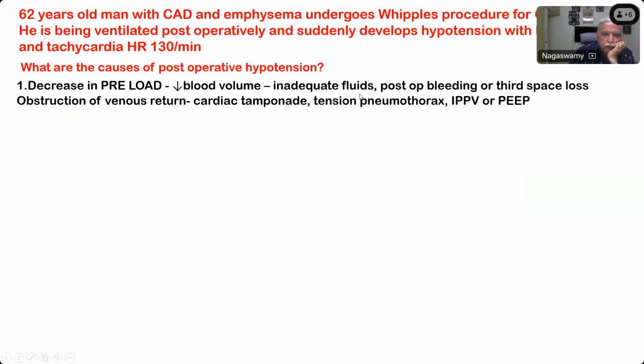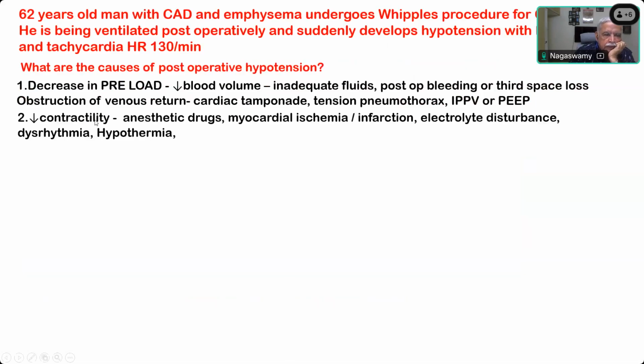It may be because of inadequate fluid or post-op bleeding or third space loss or obstruction of venous return like cardiac tamponade, tension pneumothorax. Decrease in contractility because of residual anesthetic drugs, myocardial ischemia, infarction, electrolyte disturbance, hypoxia, and hypothermia.